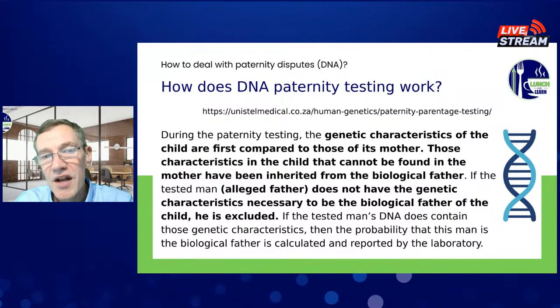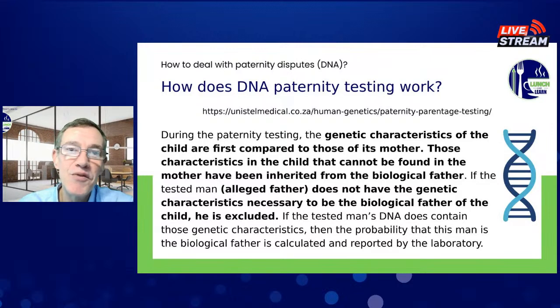So during these paternity tests, the genetic characteristics, the blueprint of the child, is firstly compared to that of the mother. They look at the mother's DNA and compare it with the child.